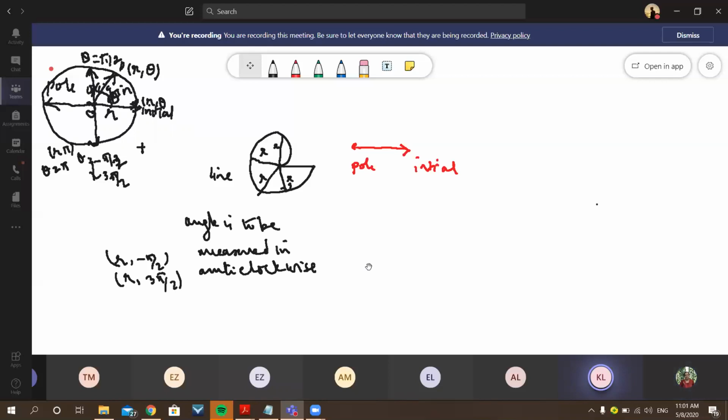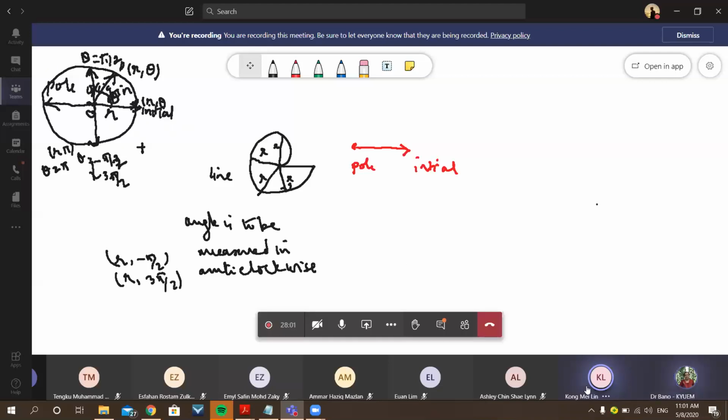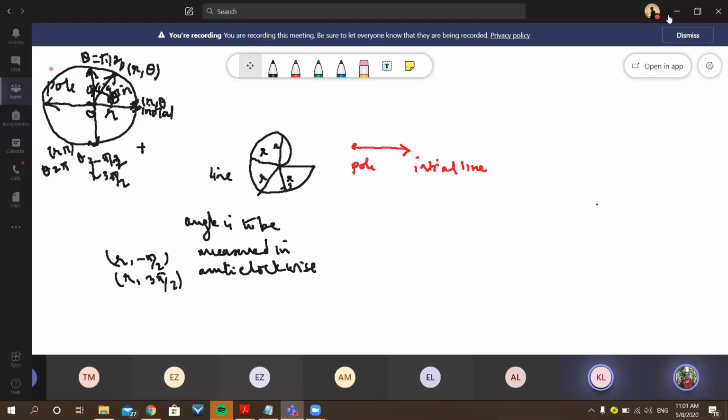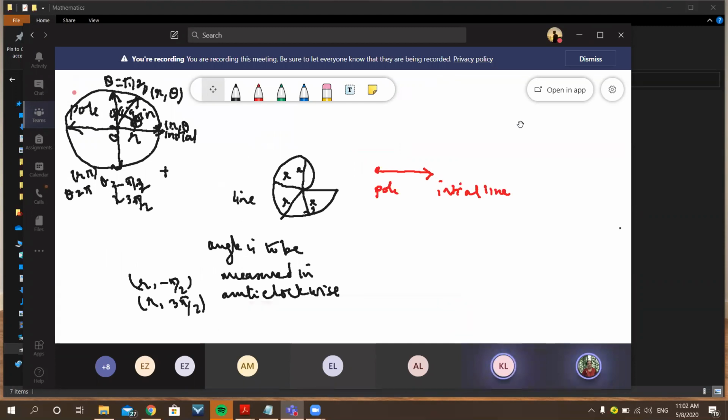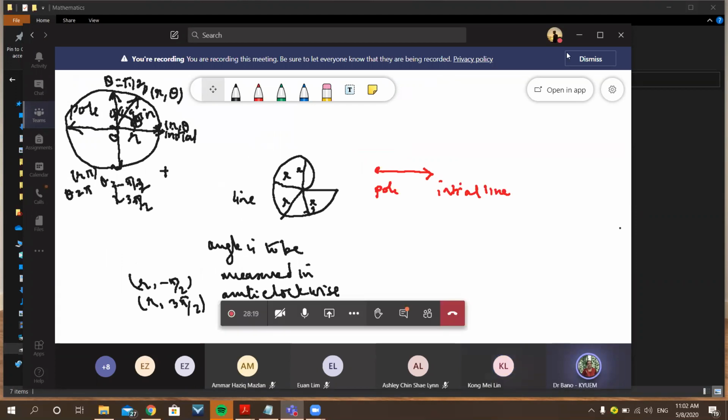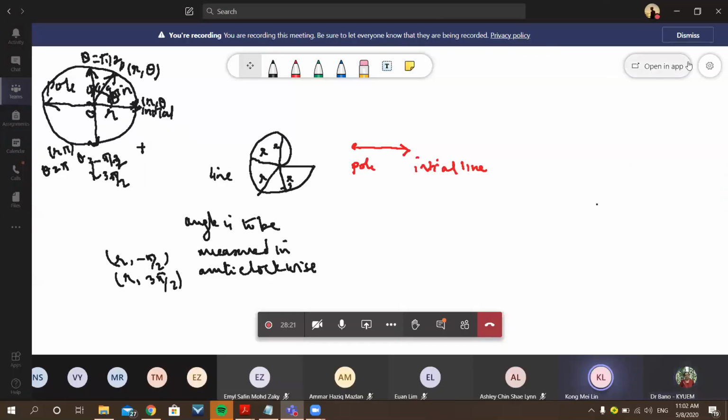For the polar coordinates, what you need to have is an r and a theta. So theta is the angle made by the initial line with the pole. Is that okay?